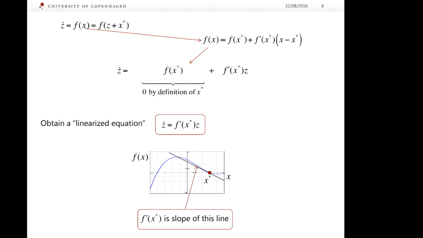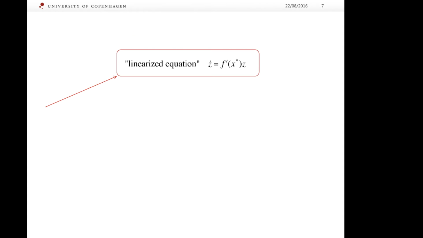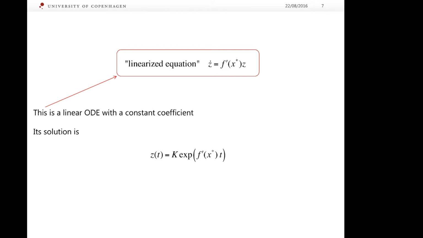So that's the geometrical meaning of the constant coefficient in the linearized equation. The linearized equation appears to be a linear ordinary differential equation with a constant coefficient which is exactly solvable. And the solution for this equation reads as follows.